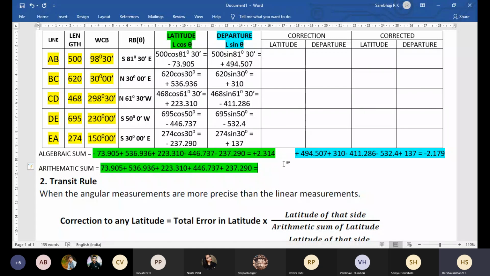What is the arithmetic sum? 1518.178. Okay, so this is the arithmetic sum.